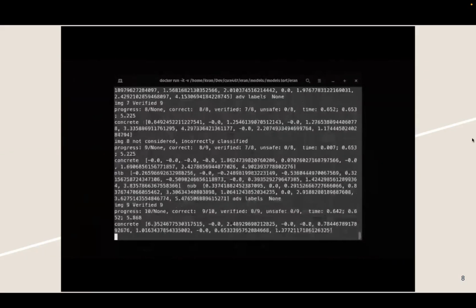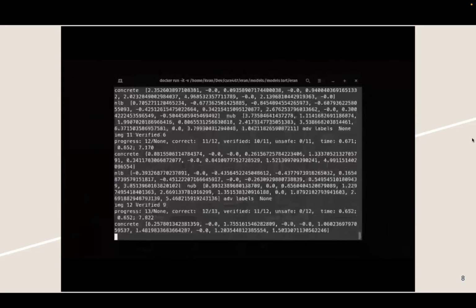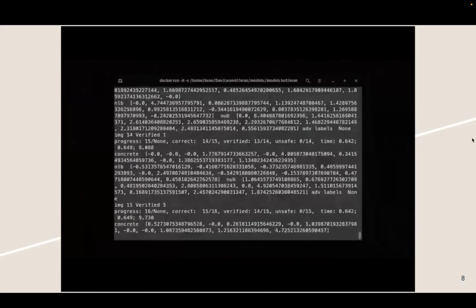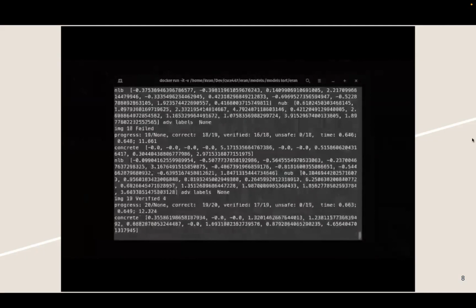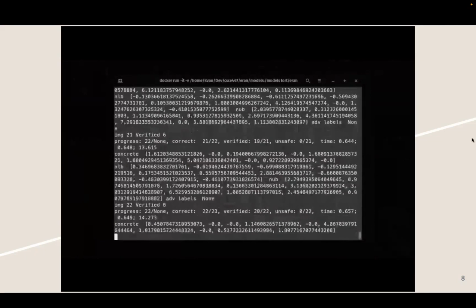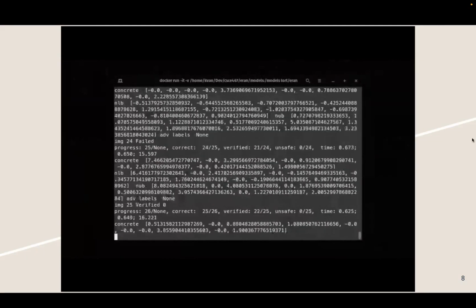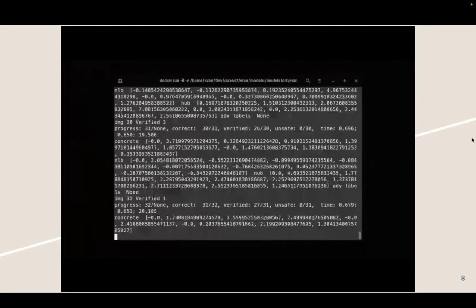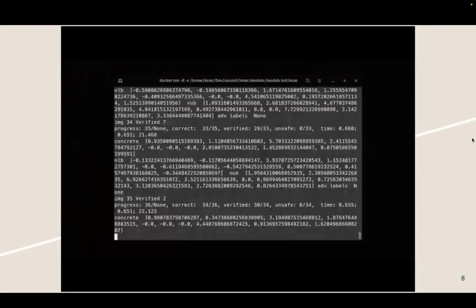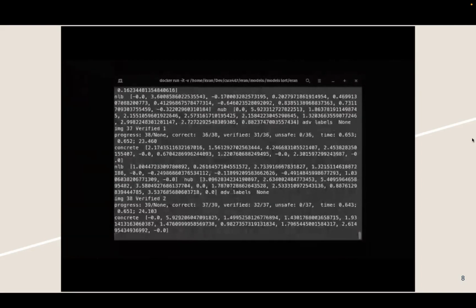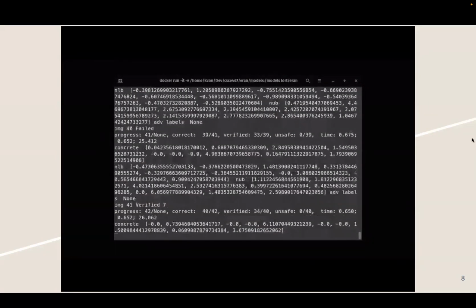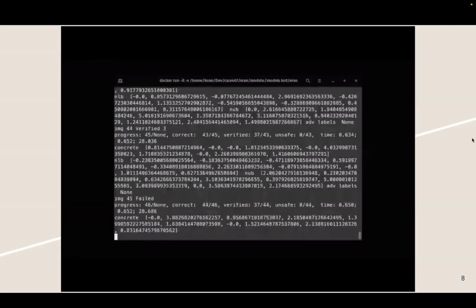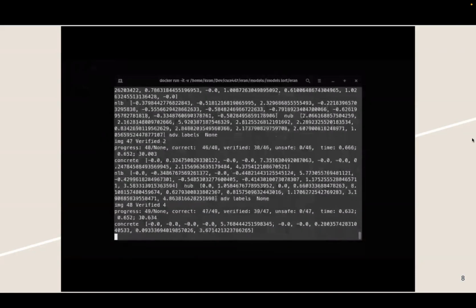This is going to be classifying on the MNIST data set. Because it's a relatively small model, this runs quite quickly, so we're able to run through most of it right here. We can see as we go through, it's classifying whether it runs through the actual model, classifying each image, and then does the perturbations to see if it actually can be verified.